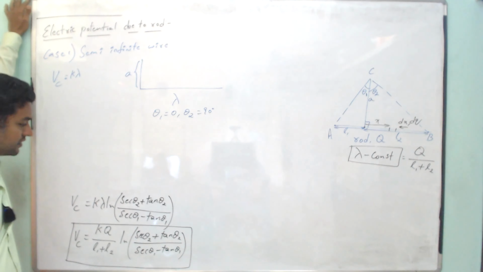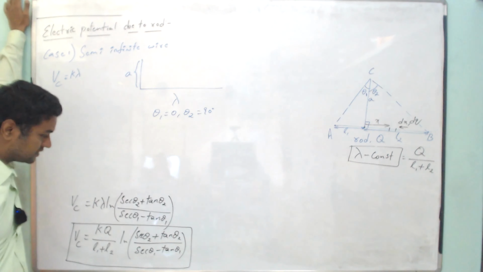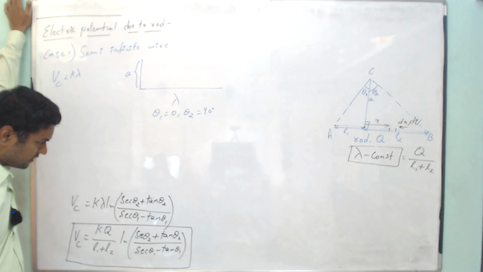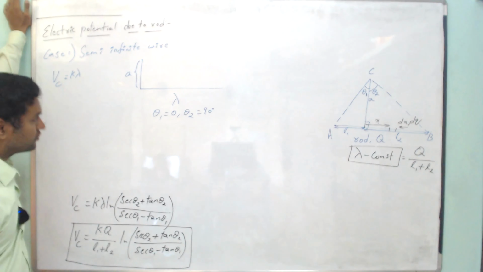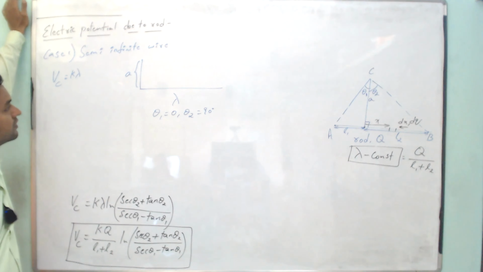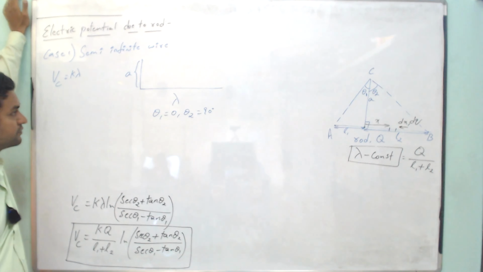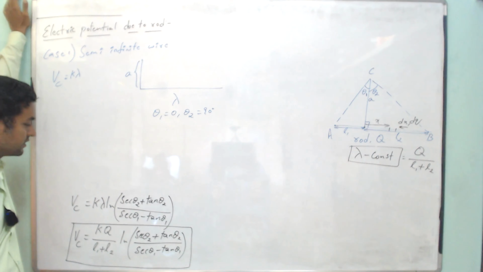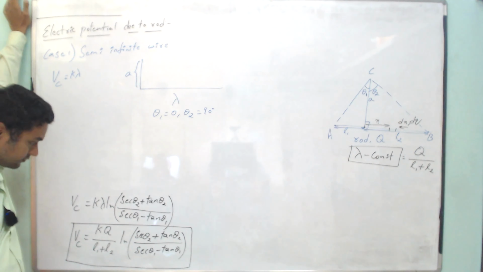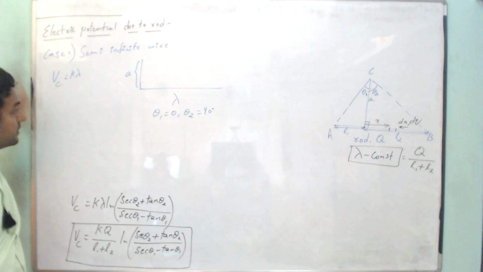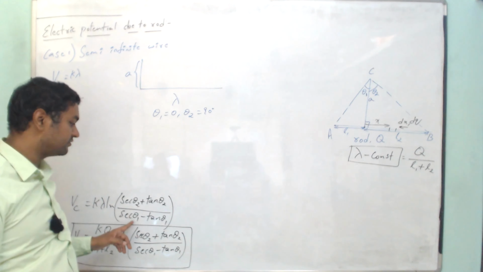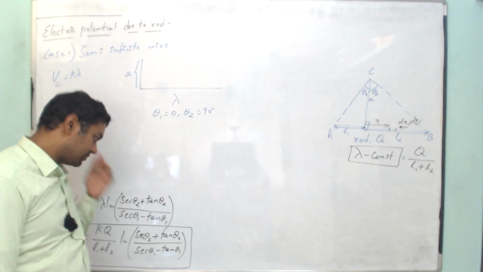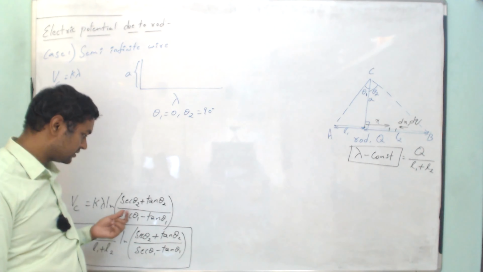undefined. ln of undefined will be undefined. And here we have secant 0. Cos 0 is 1, so secant 0 will be 1, and tan 0 will be 0. So denominator is 1.